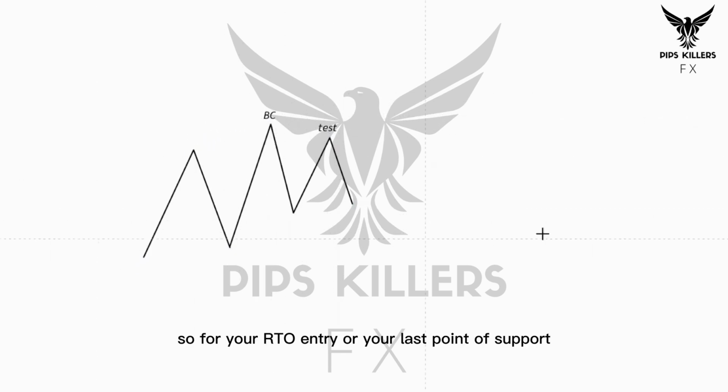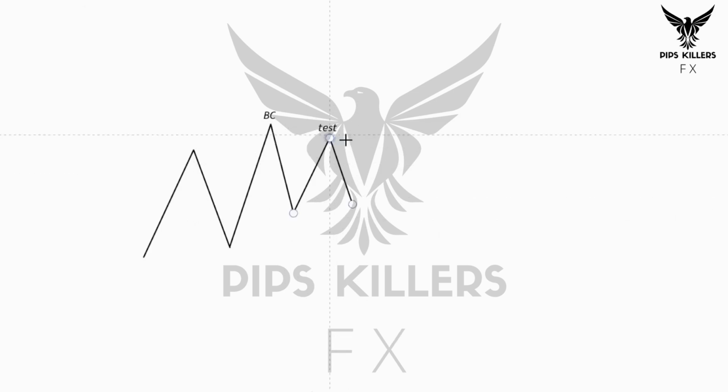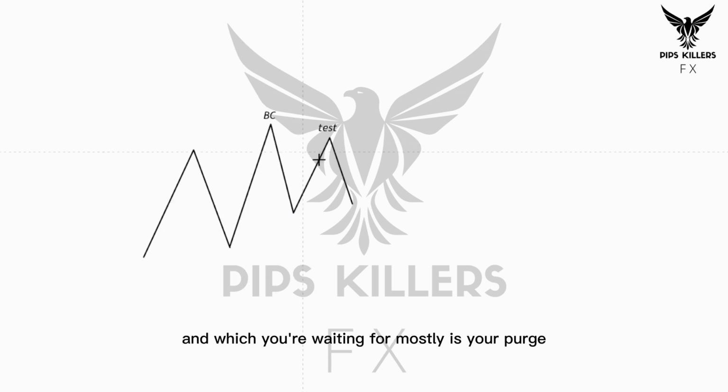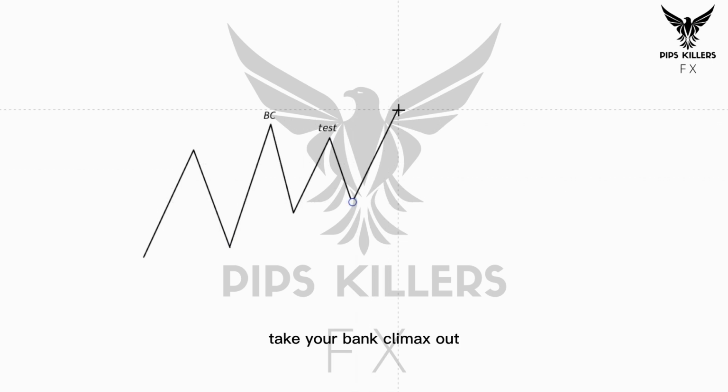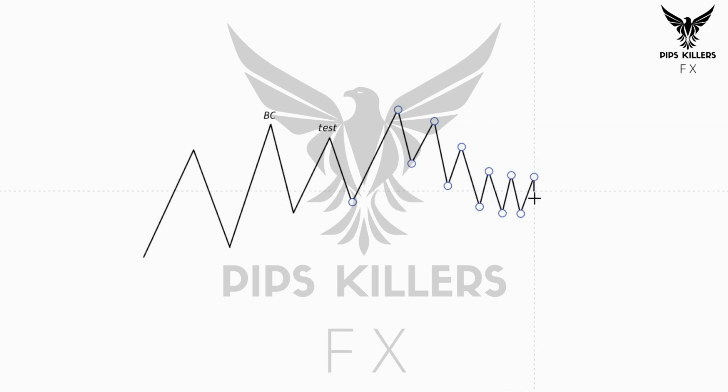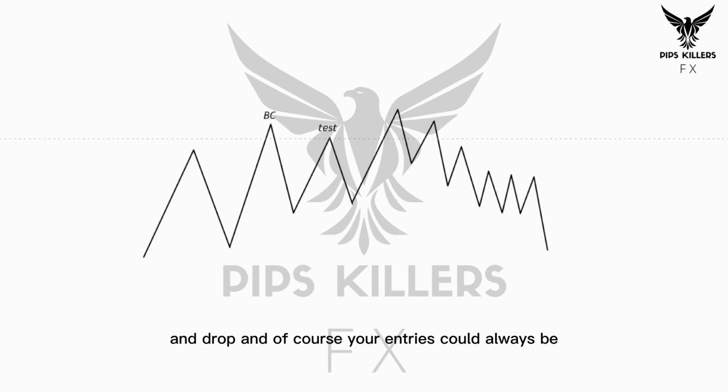So for your RTO entry, or your last point of support entry, or even your sign of weakness entry, this context really matters, because you're waiting for the right time, and what you're waiting for mostly is your purge. So now you can wait for price to take your buying climax out, come back inside the range, return to origin, break structure, retrace, find more orders, show that sign of weakness, consolidate, and drop.